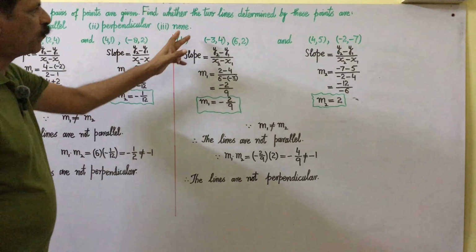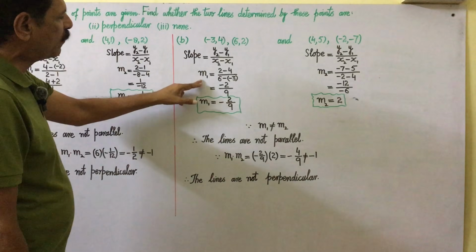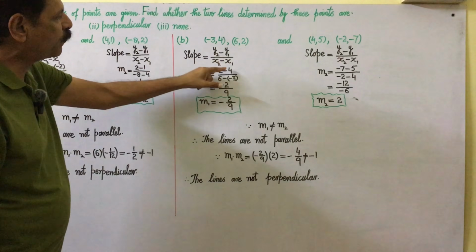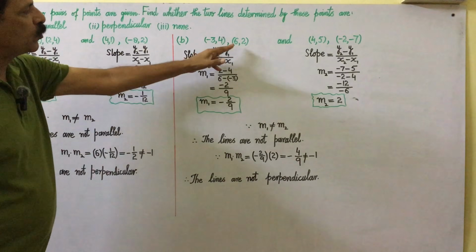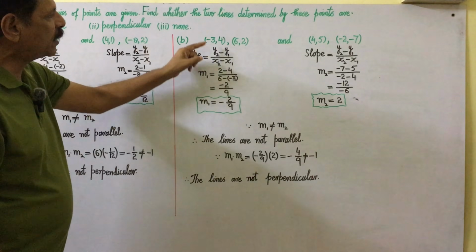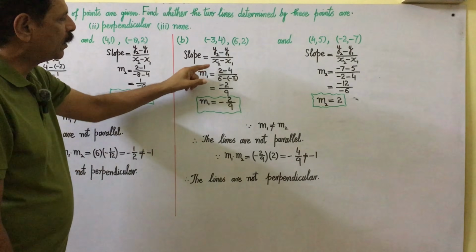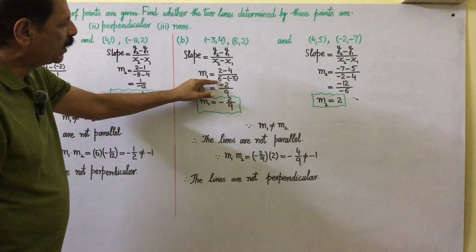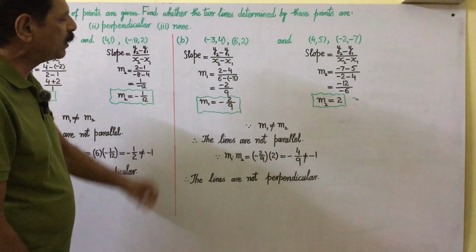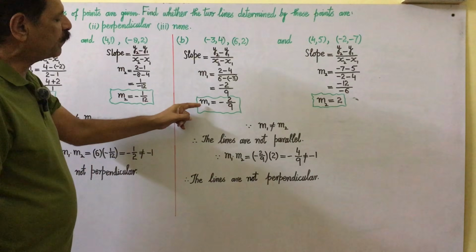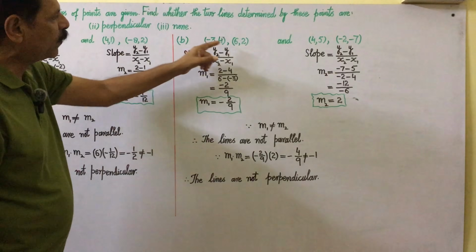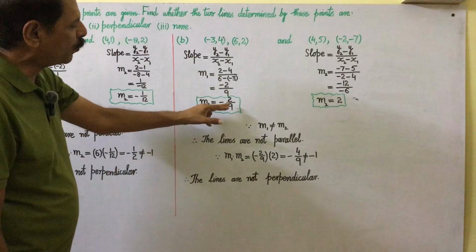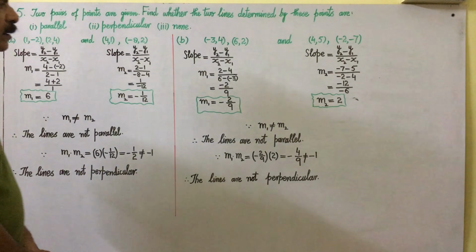Let slope of the first pair of points be m1. y2 is 2 minus y1 is 4. x2 is 6 minus x1 is minus 3. 2 minus 4 is minus 2. Minus into minus is plus. 6 plus 3 is 9. So slope of the first pair of points, m1, is equal to minus 2 over 9.